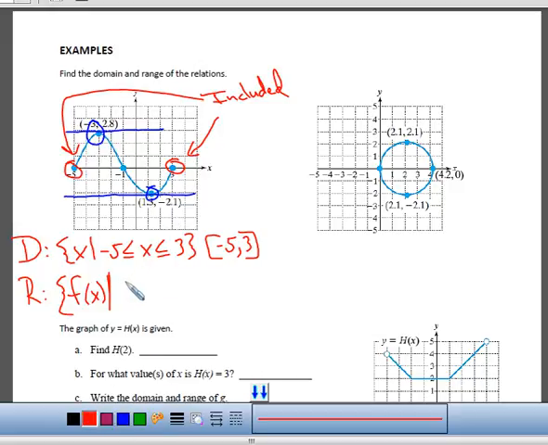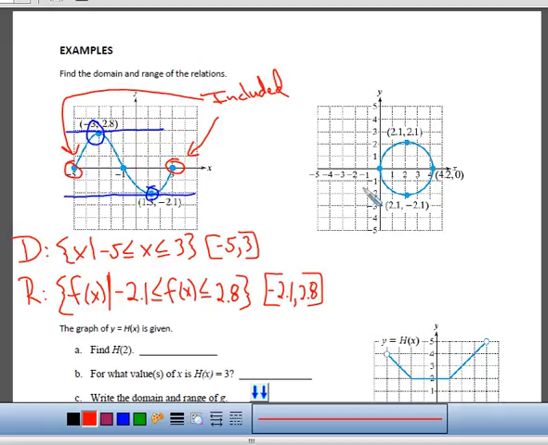It takes a little practice. So the lowest f of x, or y value, is -2.1, and that's included, so it's less than or equal to f of x, which is less than or equal to our highest y value, which is 2.8. So we can write this using our interval notation, negative 2.1, comma, 2.8, square bracket.